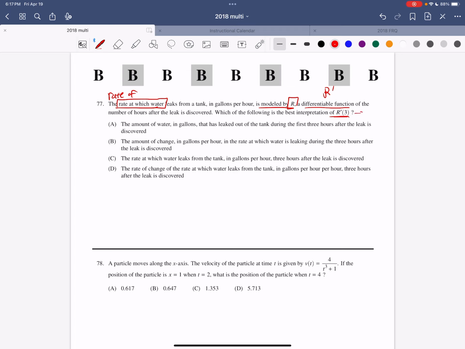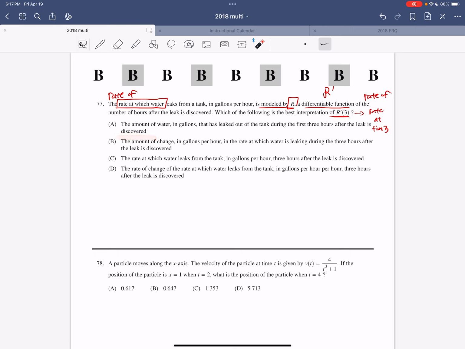Normally this would be the rate of something at time 3. But since it is the rate of the rate, it's going to be the rate of the rate at time t. So let's look at this. The amount of water in gallons that has leaked out of the tank during the first 3 hours after the leak is discovered.